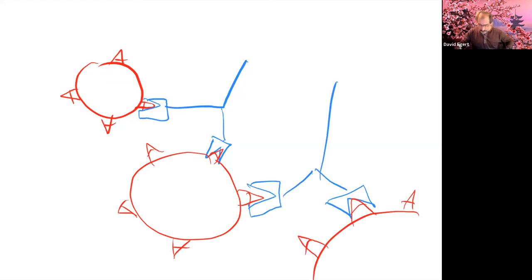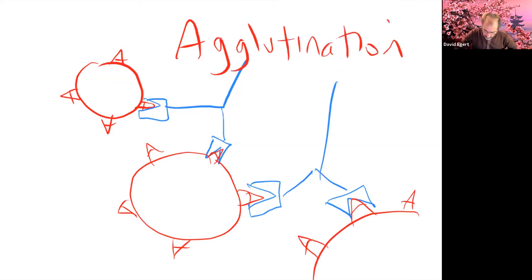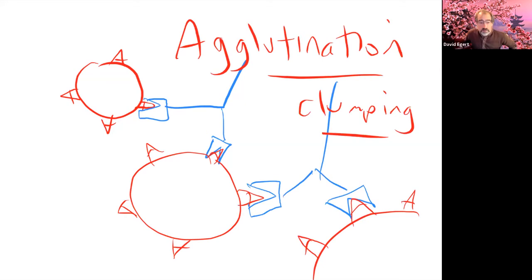So all these blood cells start getting clumped together. We call this agglutination. And you can see it. If you mix the antibody with blood that has the antigen on it, you can see visually, pretty easily, that there is this agglutination, this clumping.